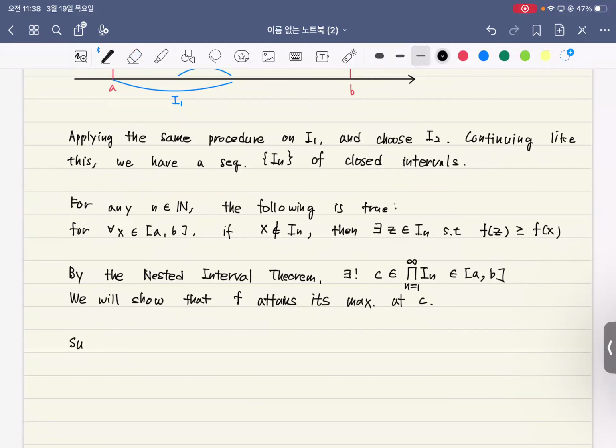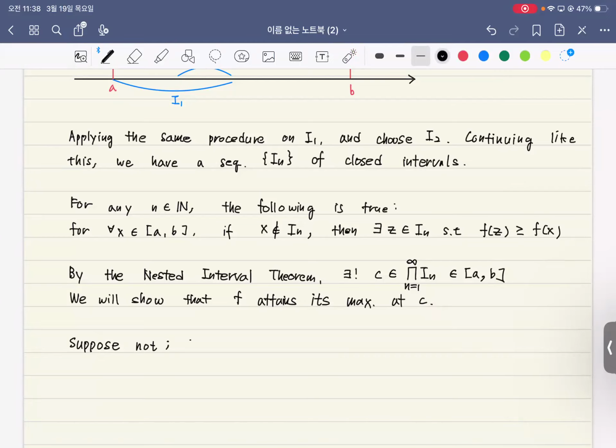Suppose not. Suppose that the point C is not the point where f attains its maximum.